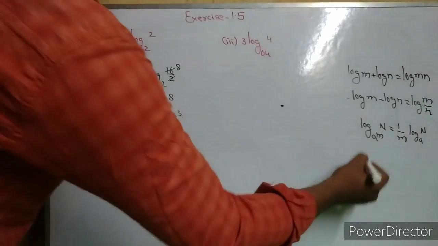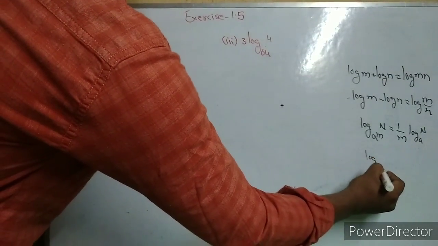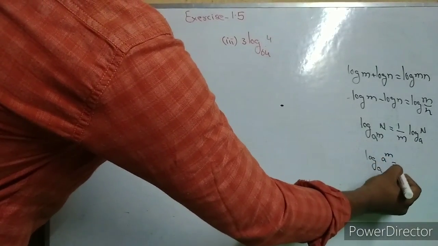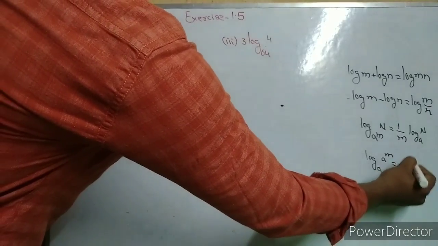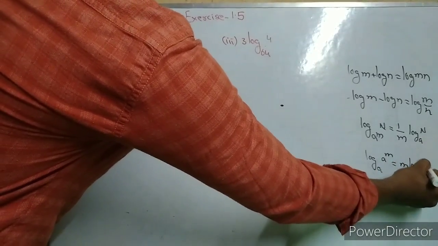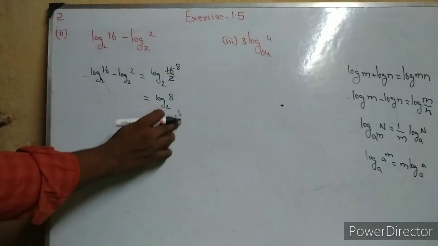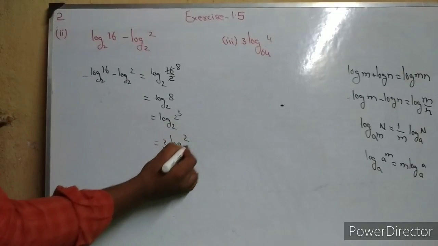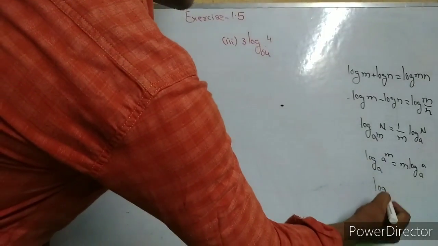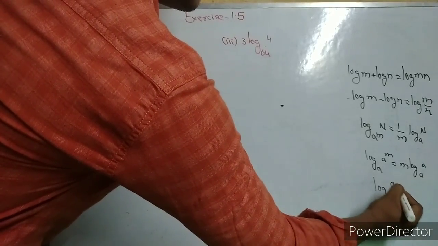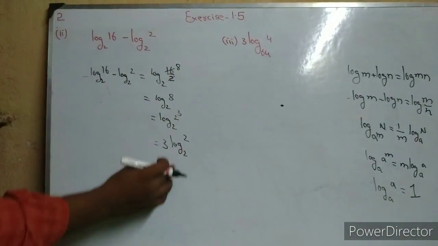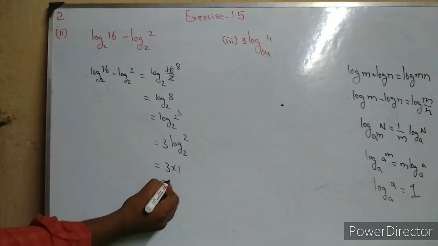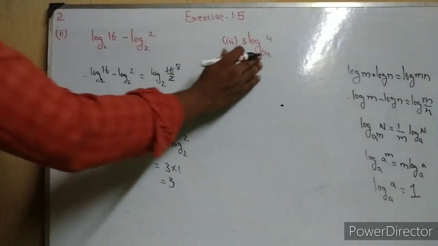So we know another identity, log base a of a power m can be written as m into log base a of a, right? So here m is 3, so it can be done as 3 into log base 2 of 2, and again the value of log base a of a will be 1 only. So log base 2 of 2 value will be 1. 3 1s are 3.